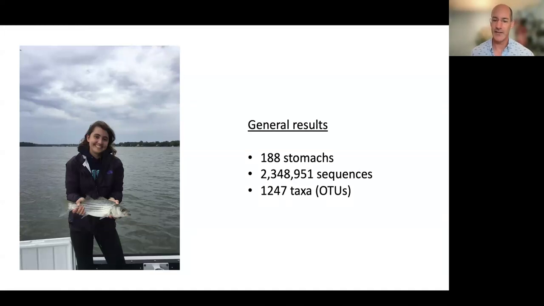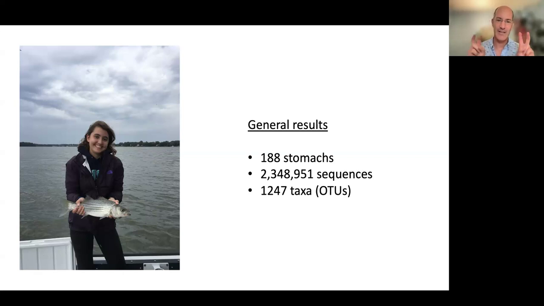We, for this study, looked at 188 stomachs. From those, we got back over 2 million individual sequences of things. Most of those were the same, so they represented common species that we had a whole bunch of individual DNA sequences from, but we were able to identify 1,247 different taxa.